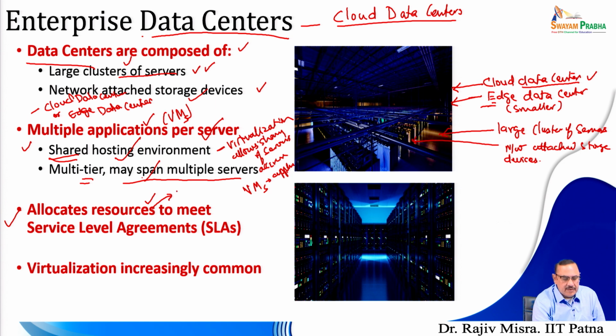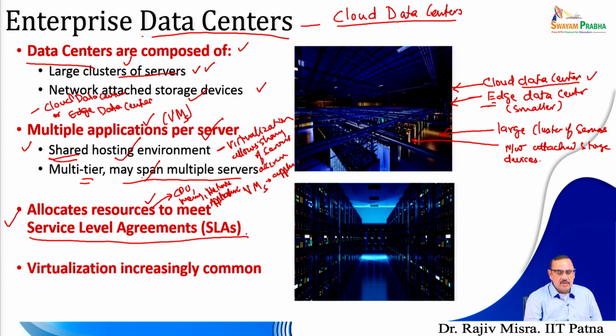When we say resources, we mean the CPU, memory and the network. These resources are allocated to different applications, and these applications will use these resources with a strict agreement, called the service level agreement. So, this will ensure the quality of service guarantees based on the resources which are being allocated, and virtualization is increasingly common.